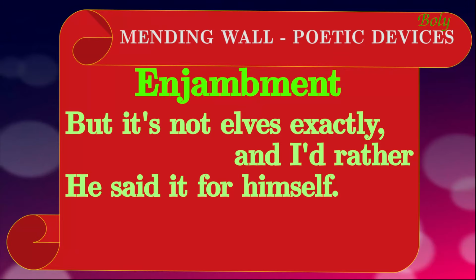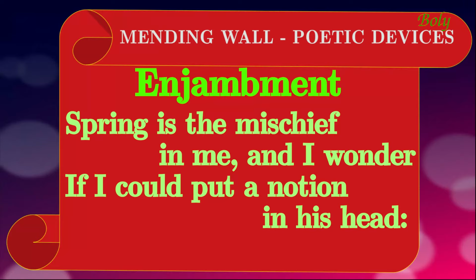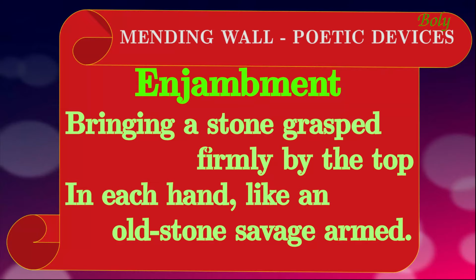And a third example, spring is the mischief in me and I wonder if I could put a notion in his head. Again, bringing a stone grasp firmly by the top in each hand. In all these lines, the idea is not complete with the first line and without any pause, the sentence or the idea goes on in the second line. We can see more examples for enjambment in the same poem.